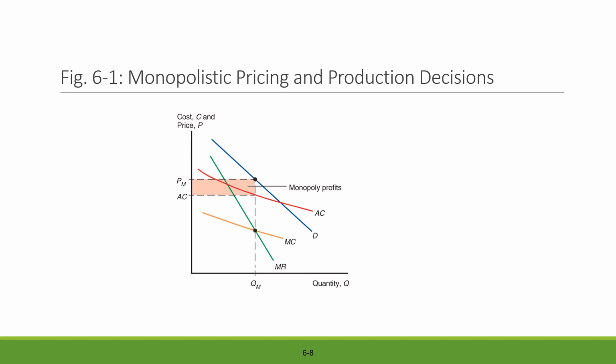The marginal revenue equals the marginal cost, but the actual price is higher than what normally would have happened in perfect competition. PM is where QM intersects with the demand curve, and the orange area represents the profits in monopoly.